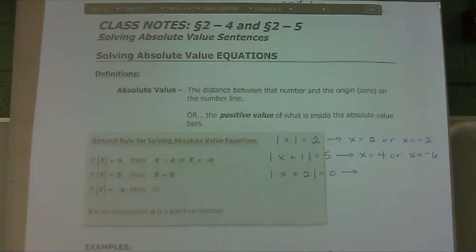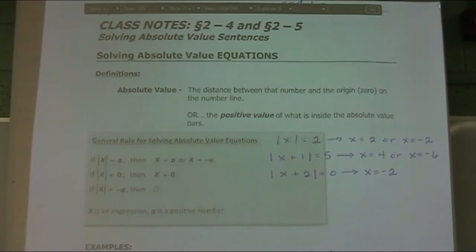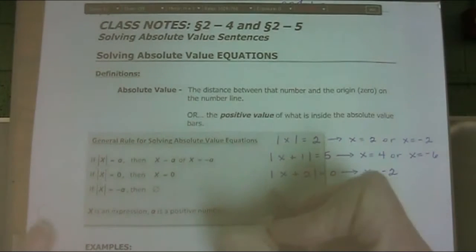What would work in there? Negative 2. Can you think of anything else? No, there isn't anything else. There's only one thing that it can be. And this is important because this is going to set up for us some rules that we're going to be using.